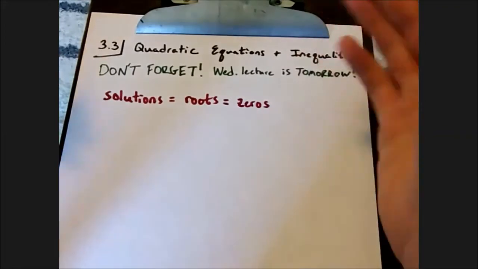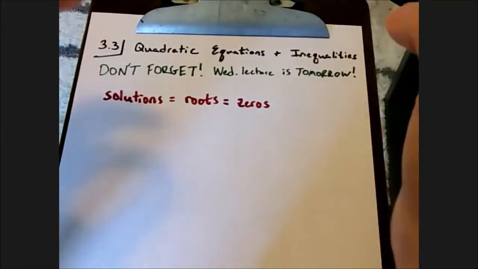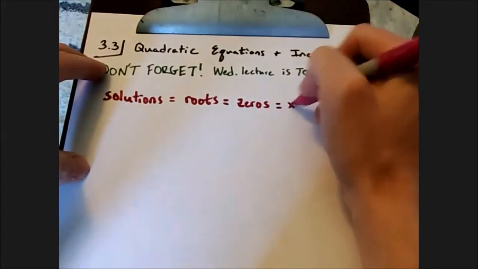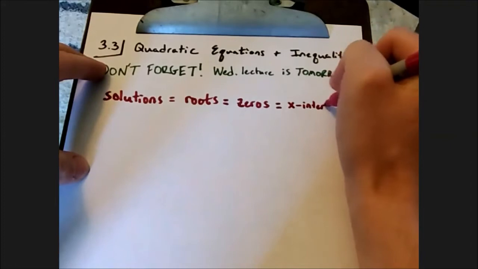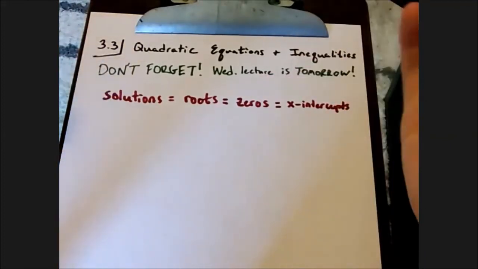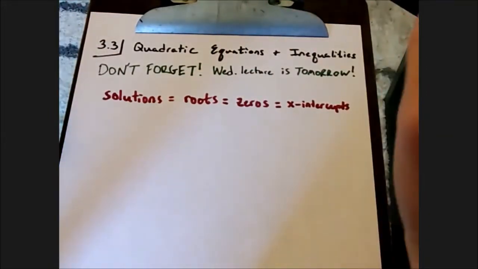Those are all the same idea. Those are the locations where the graph crosses the x-axis. So you'll also hear x-intercepts being equated to those things. So all of those four terms mean the same thing, granted they are real.